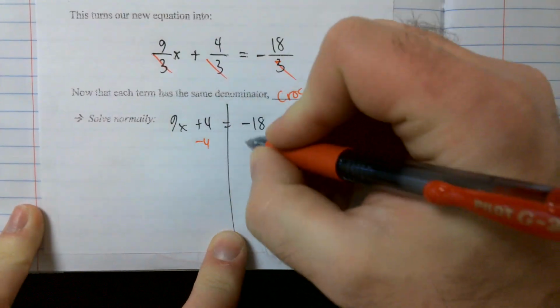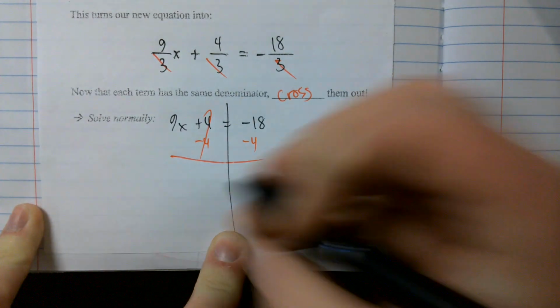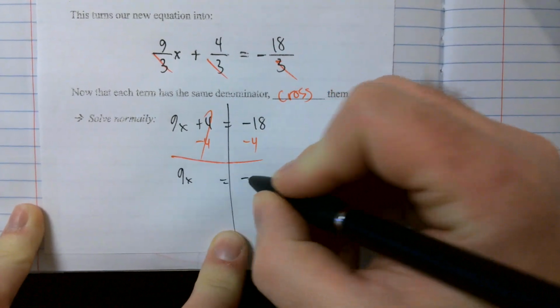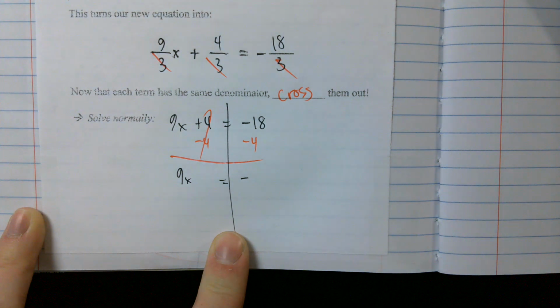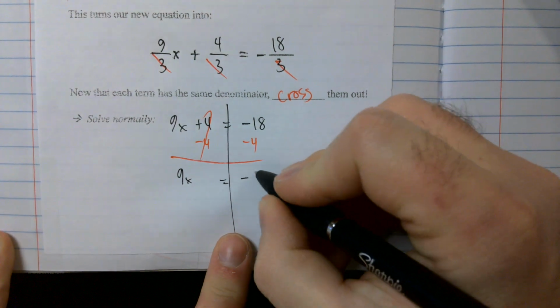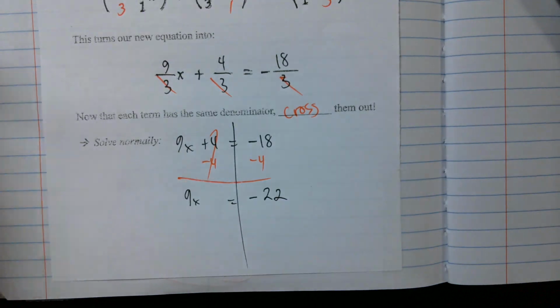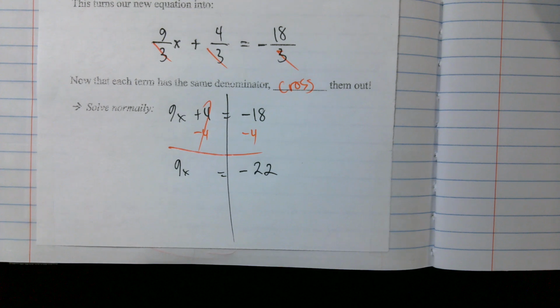Subtract 4. What's negative 18 minus 4? Negative 14. Great guess. Negative 22, right? Again, if we have 2 negatives, it's just like having 2 positives. 18 plus 4 would be 22. So negative 18 minus 4 is negative 22.